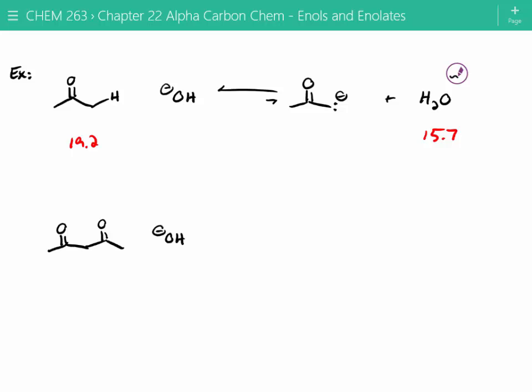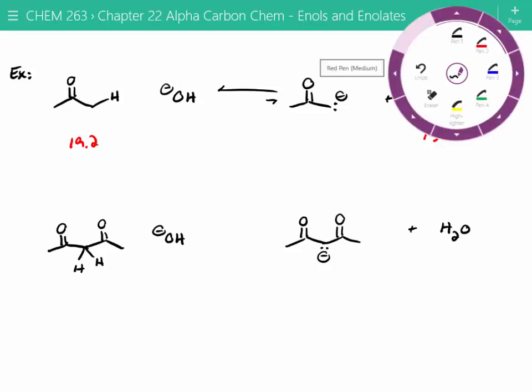And if we were to deprotonate the alpha position, we said that that middle proton is actually fairly acidic. So now we have a negative charge there that's stabilized via resonance. And we create water.